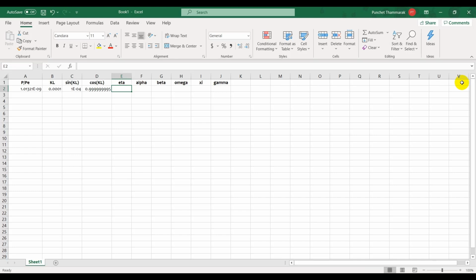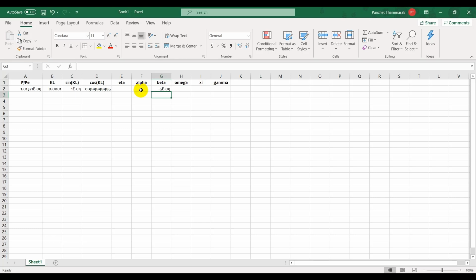So let's start with the boundary condition number 3, where we have the beta. Beta is equal to cosine KL minus 1. You can see that the number is not so friendly, 1 sometimes very close to 0.